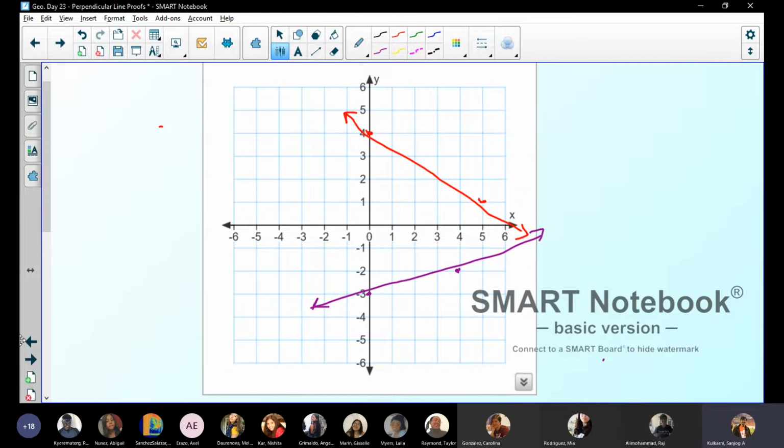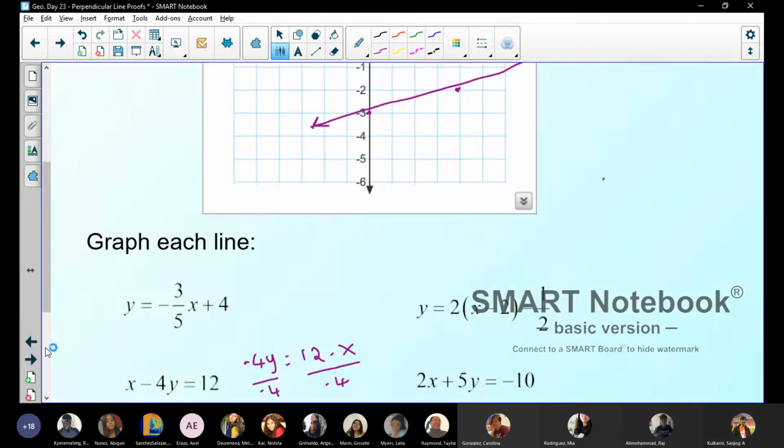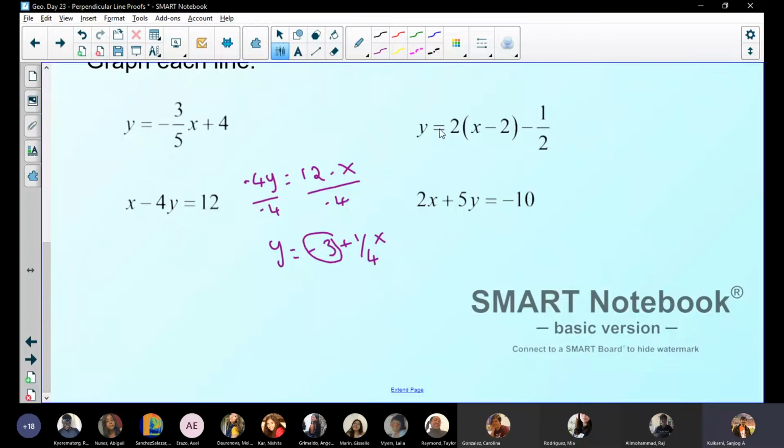Let's do one more. We have here y equals 2x. Let's further simplify and get it into the slope intercept form, which is nothing but here 2x, 2 times negative 2 is negative 4, minus half. So we have to simplify this further, which will give us, take the LCM only for these 2 terms. You don't need it for this.